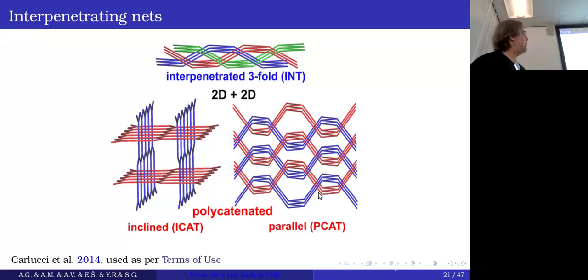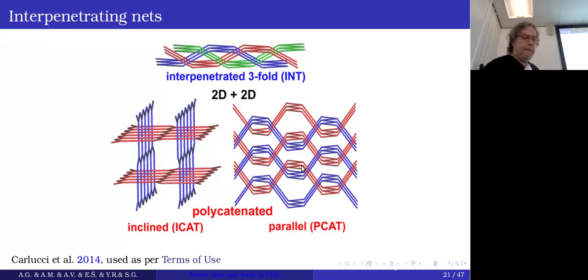But we have at the moment no good tool, and we are reading the papers and trying to improve our understanding of this, but we don't have a tool at hand to identify such a situation, or, let's say, two-dimensional nets that go through each other like in a textile fabric.